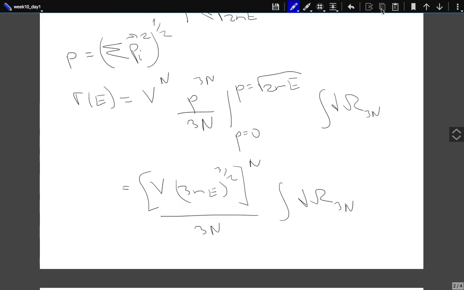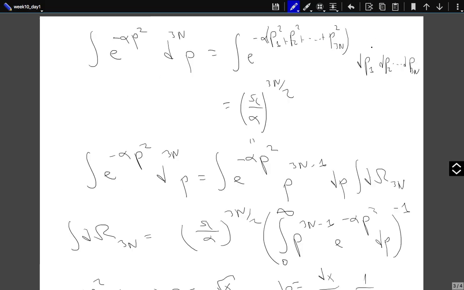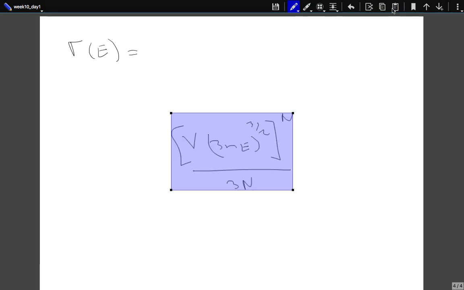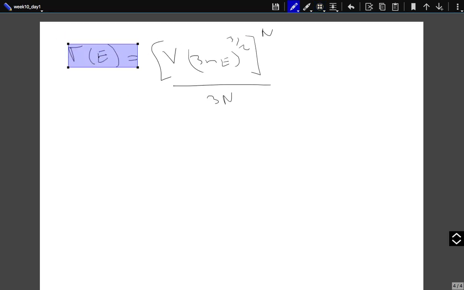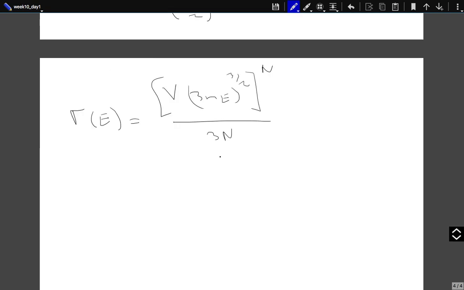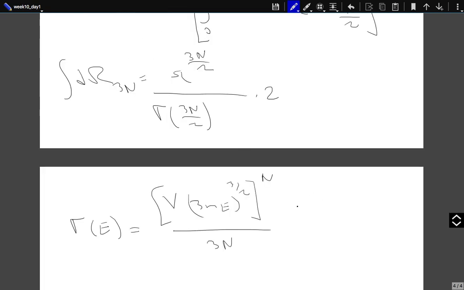There's this factor, times the integrals over the angle. This is pi to the power 3n over 2 divided by gamma 3n over 2, and here we have 3n over 2.